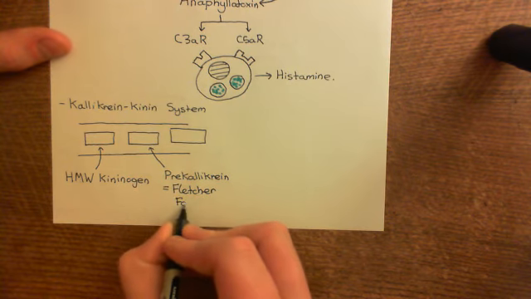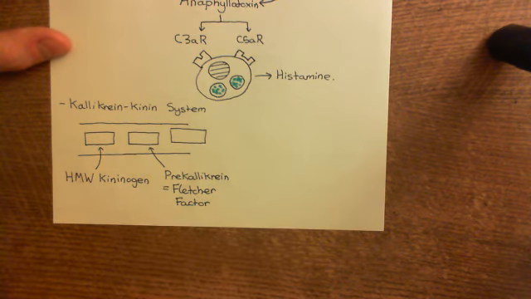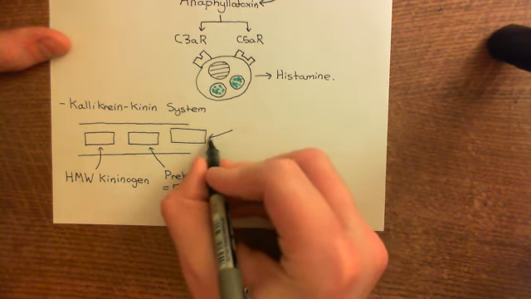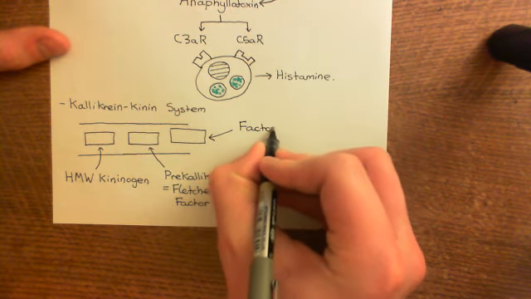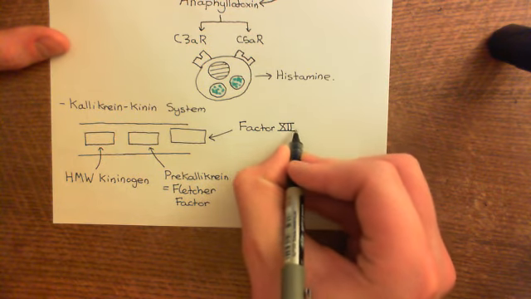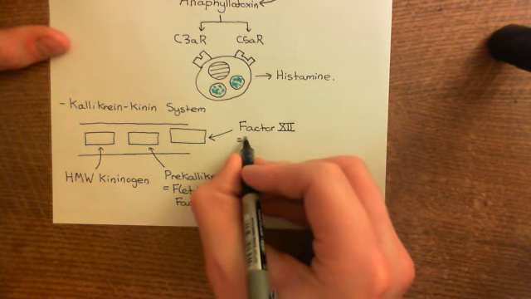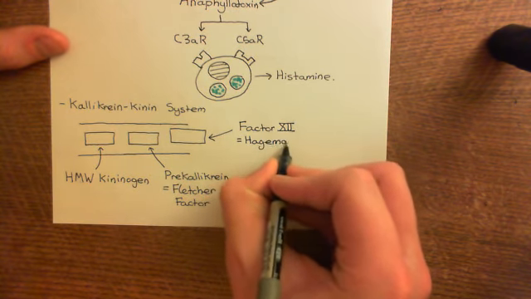Okay, so prekallikrein, also called Fletcher factor, is another component that's going to be very important in the kallikrein-kinin system. And then finally, there's also coagulation factor 12. Okay, which is obviously very important in the coagulation cascade, specifically the intrinsic coagulation cascade. And it's so important that it's also got another name, which is Hageman factor.